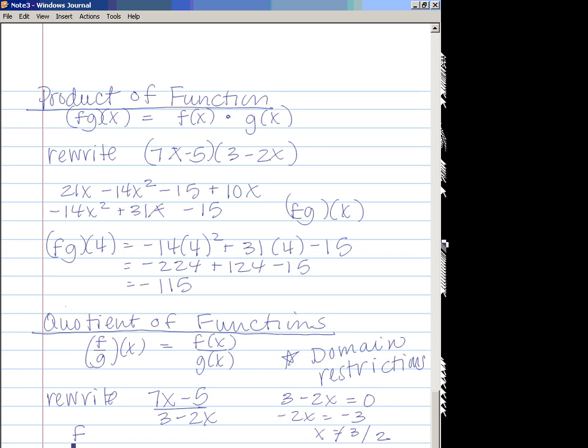So if you were asked for f divided by g at x, that's where you would stop. But if I want you to evaluate at 4, then we would replace our x's with 4 and figure out what we have. That gives us 28 minus 5 divided by 3 minus 8, which evaluates to negative 23 fifths. So that is the quotient of our given functions when we evaluate at 4.